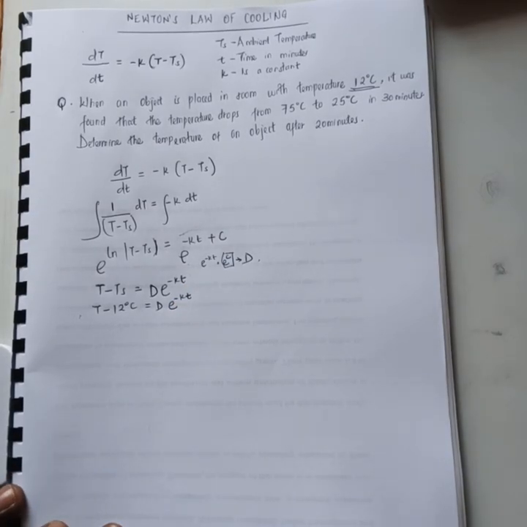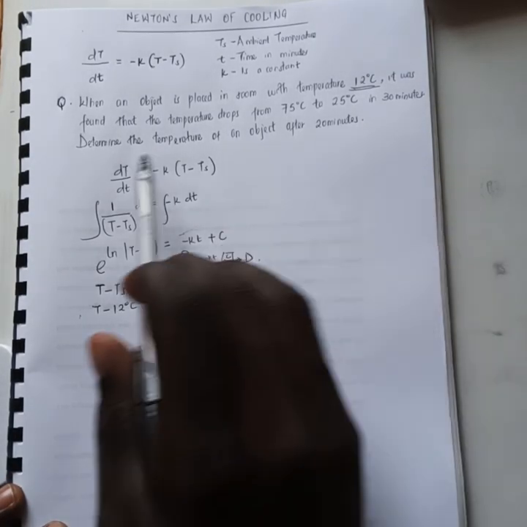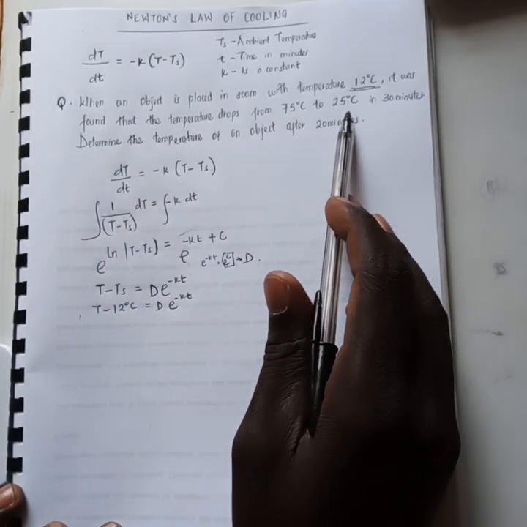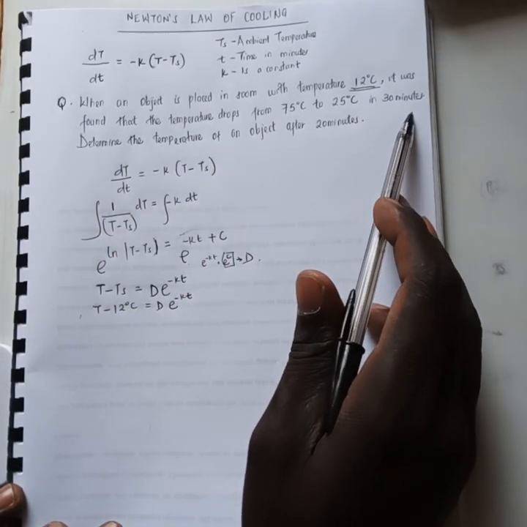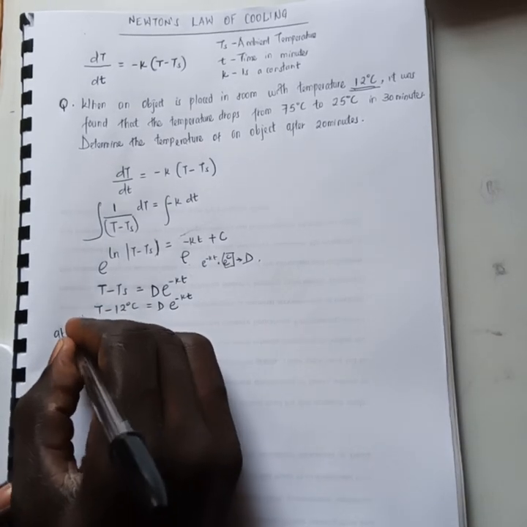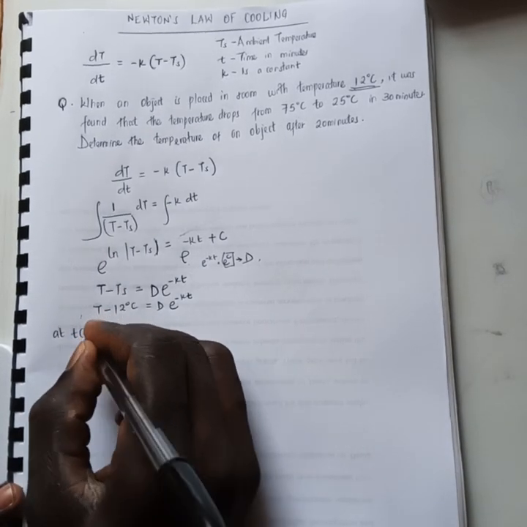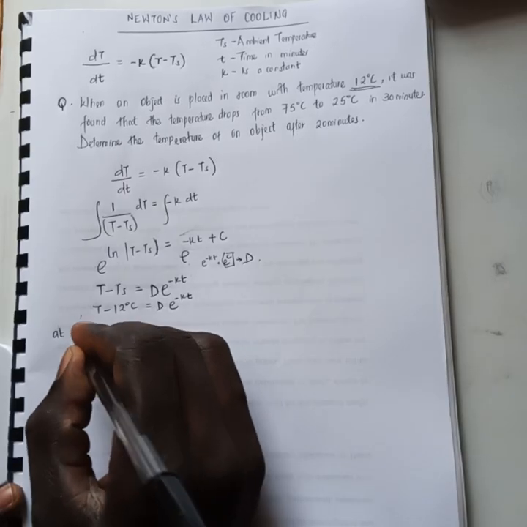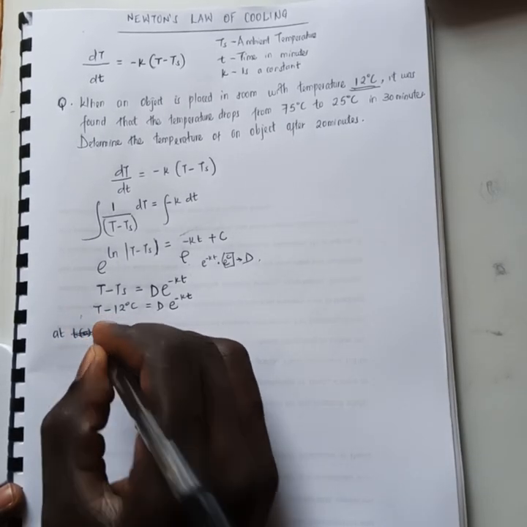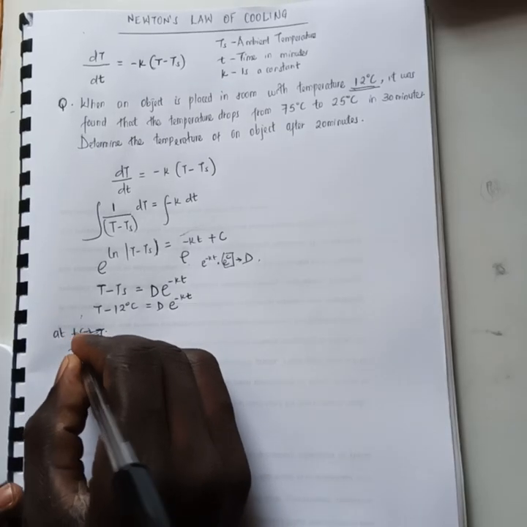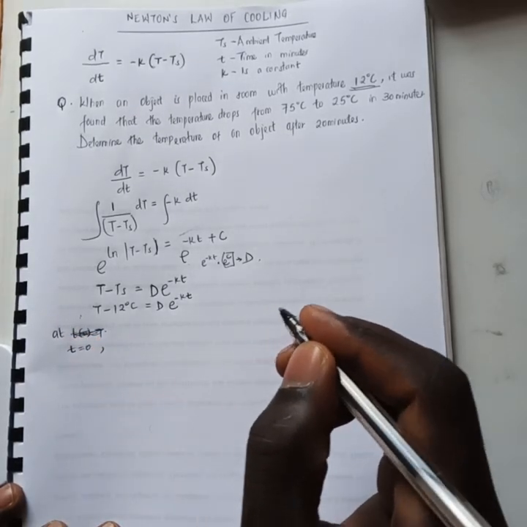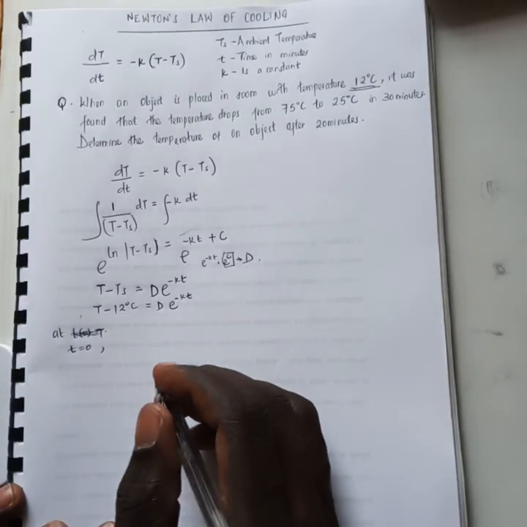From that point, we note that the temperature drops from 75 degrees Celsius to 25 degrees Celsius in 30 minutes, meaning that at t equals 0, the temperature is 75 degrees Celsius.